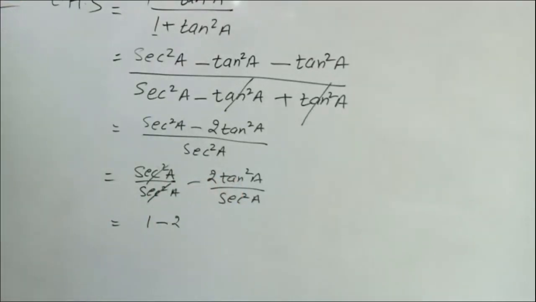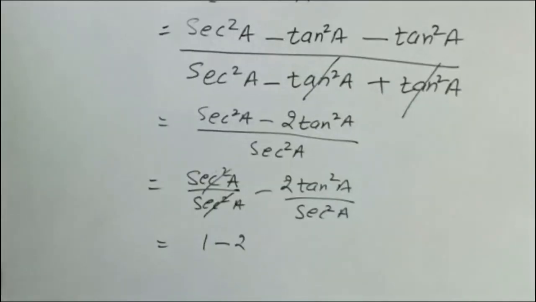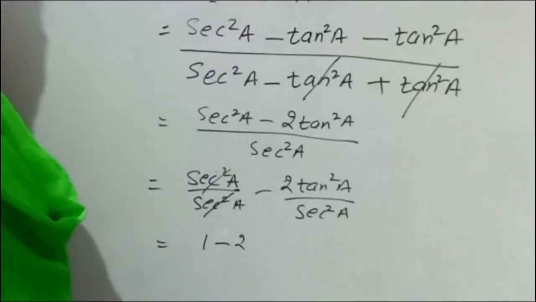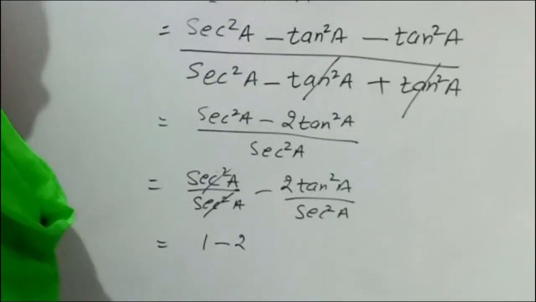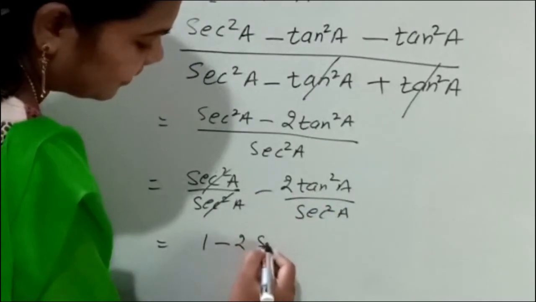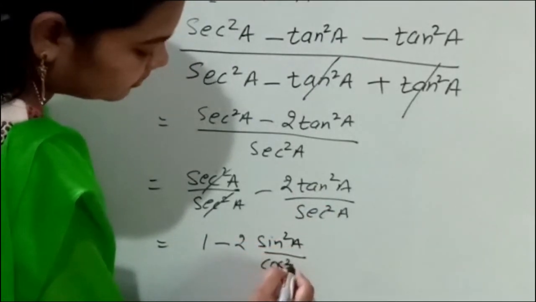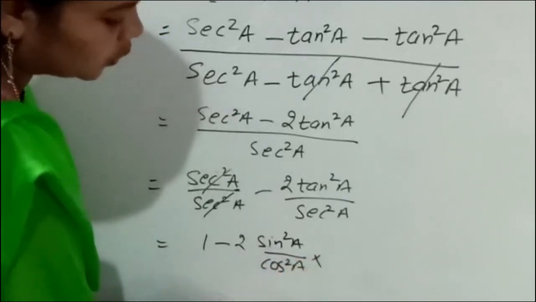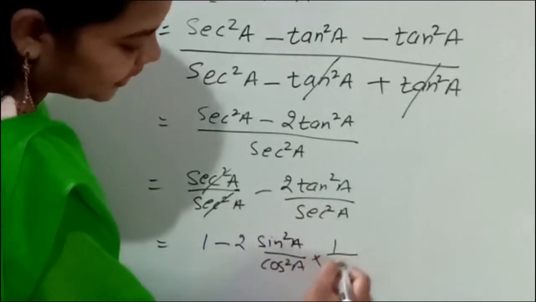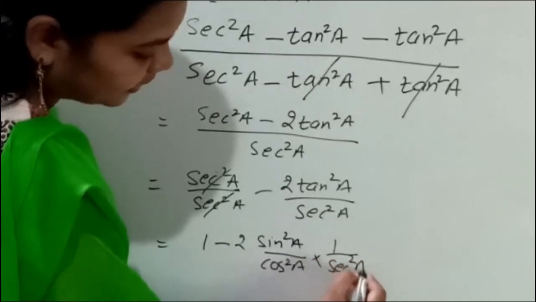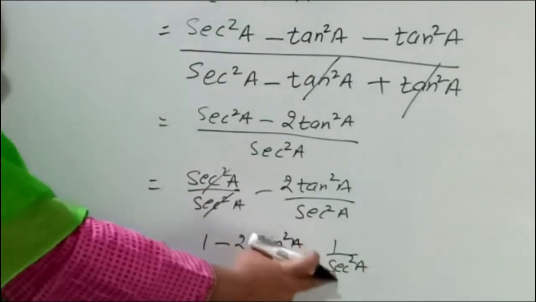Tan square a, how can you write tan square a? Tan theta is equal to sin theta by cos theta. So in place of tan square a, I can write sin square a by cos square a into 1 by sec square a. Already sec square a is there.